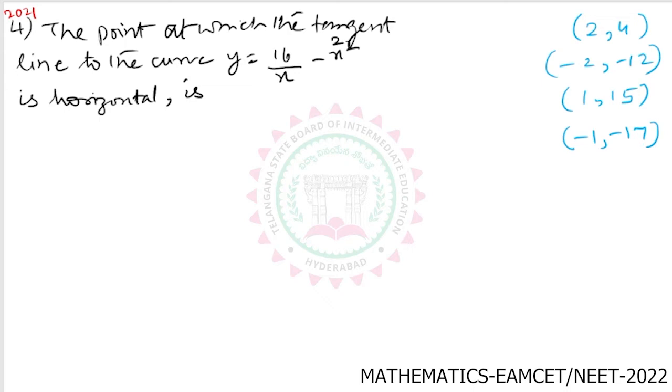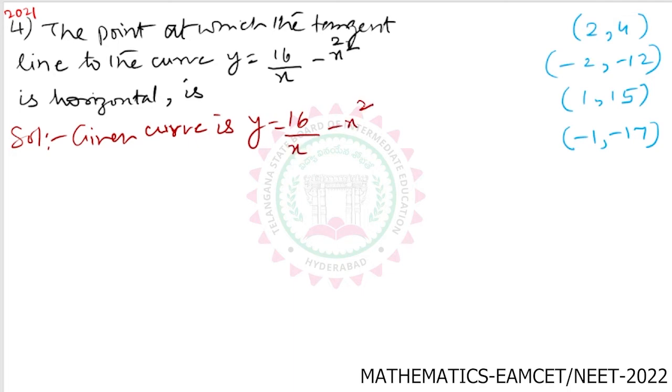Okay, now write down the solution. Given curve is y = 16/x − x². So what I have to do first of all?